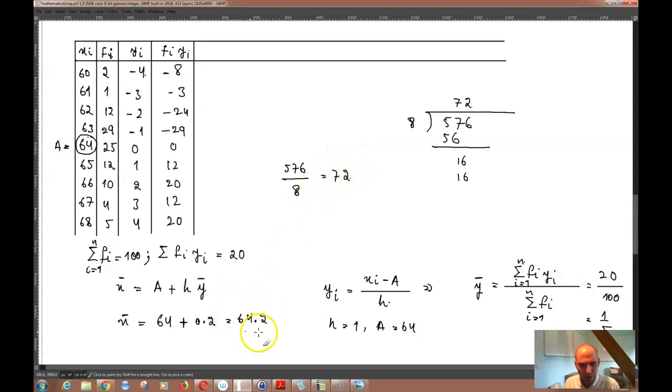Now, this method has given me 64.2. Have I made any mistakes here? Let's see, because I had this problem the previous time I solved this problem. I want to know if I'm making mistakes in calculation or am I making some sort of logical mistake.